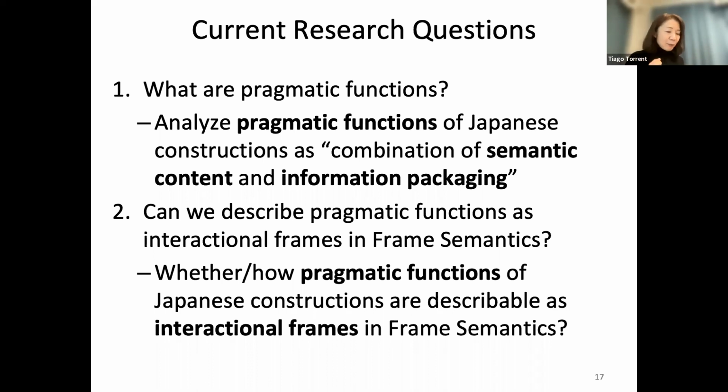Since Berkeley FrameNet hasn't really worked on defining interactional frames, I'm trying to define the interactional frames needed for defining Japanese constructions. But this relation, which was pointed out by Thiago earlier this morning, is how to think about the relations between comparative concepts, especially functions, and interactional frames.